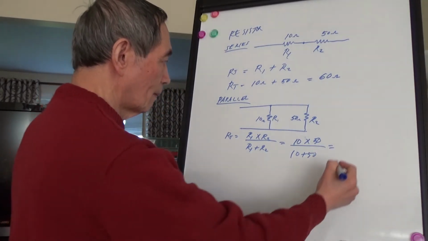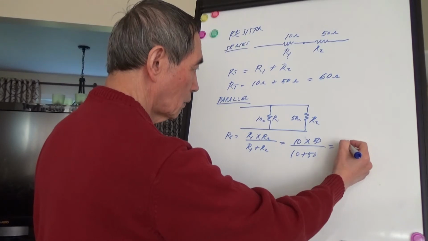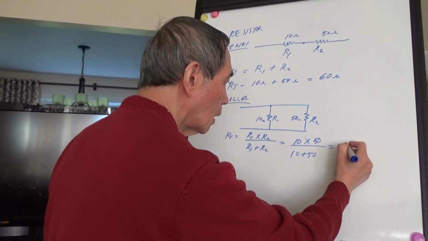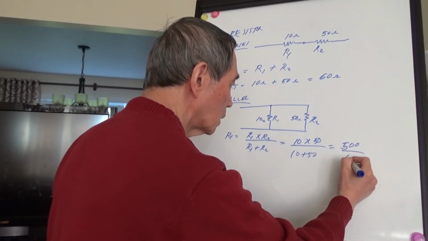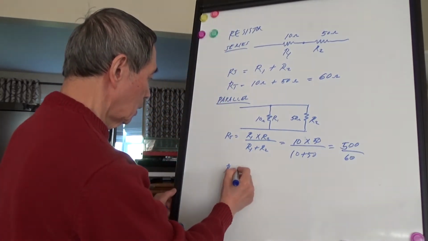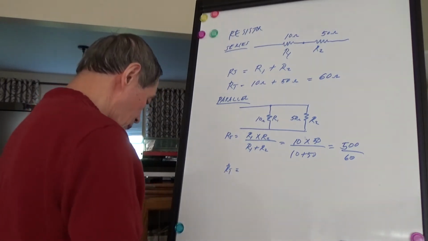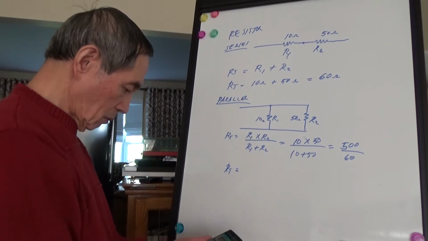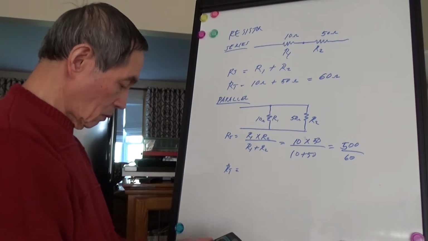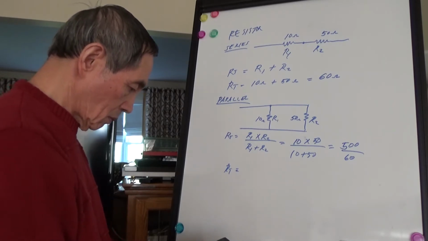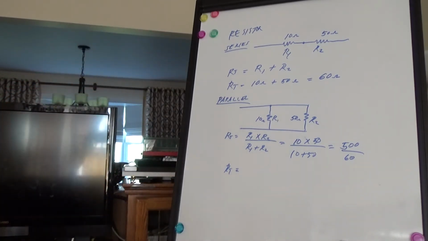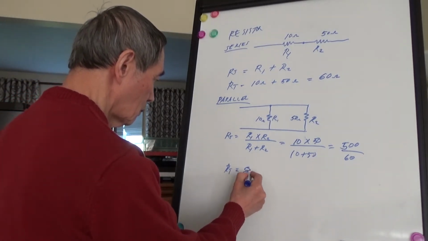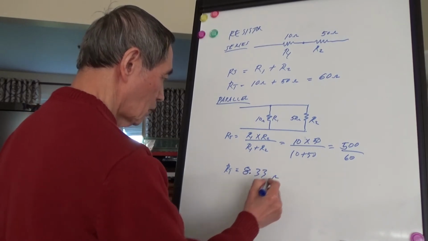equivalent to 500 over 60. So the total resistance ends up to be 8.33 ohm.